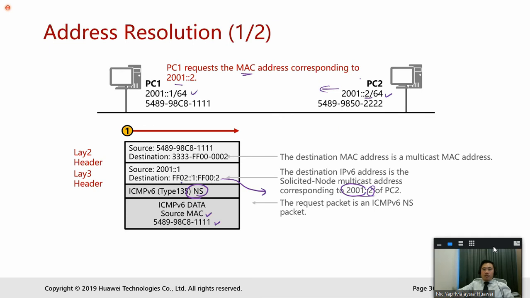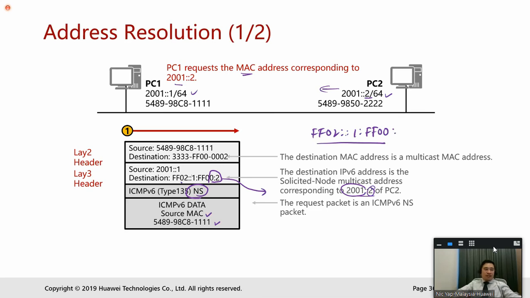For this address resolution, it is always inside the same prefix already. So when I want to set the destination, I just put the destination address inside my layer 3 header. The FF02::1:FF prefix has been fixed already.